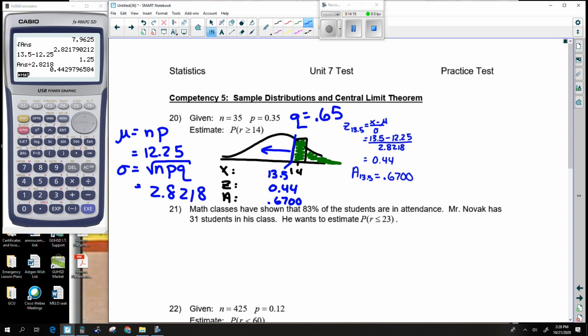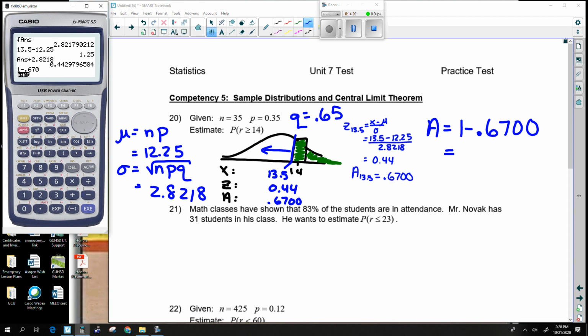Again, that is the area to the left. That's the area that I don't want. So in this situation, what I have to do is take my resultant area away from 1. So it's going to be 1 minus 0.6700.